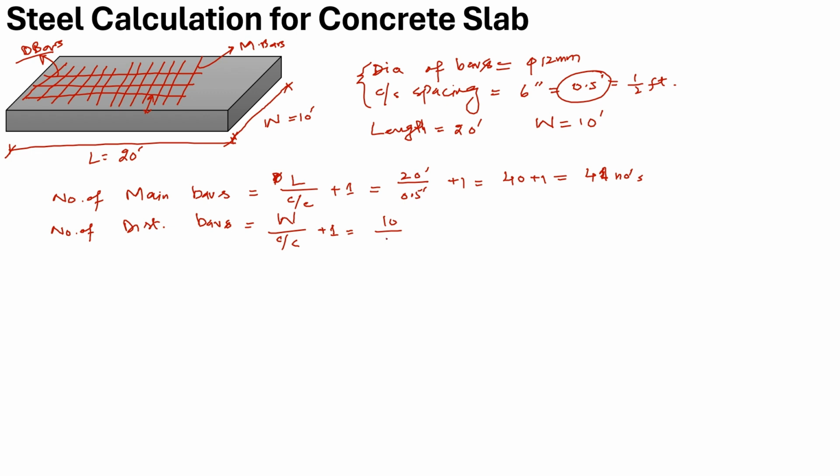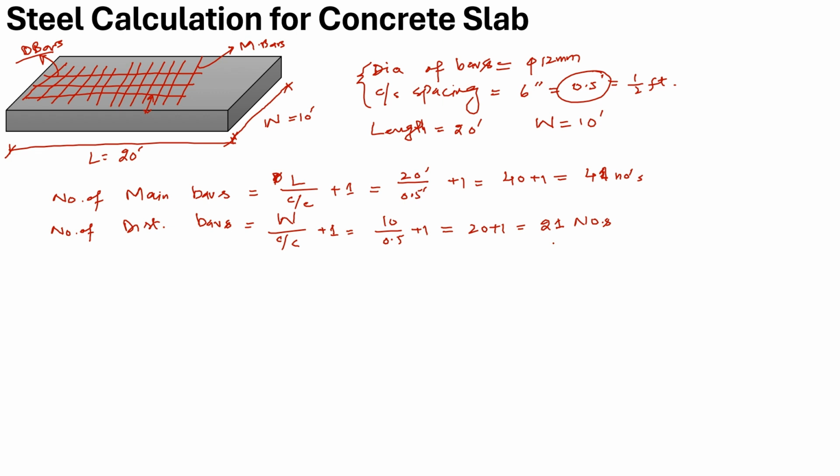That is 10 divided by 0.5 plus 1. 10 divided by 0.5 will be 20, and 20 plus 1 will be equal to 21 numbers. So this is a simple formula to calculate the number of bars required as main and distribution bars for a slab in longitudinal and in transverse direction.